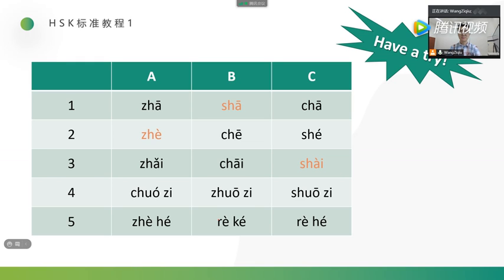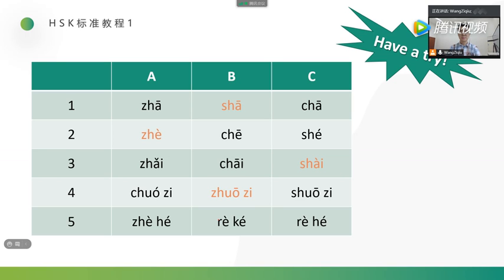Let's have a try. Number 4. 桌子，桌子，桌子。Which one do you choose? B is right. 桌子，桌子。Number 5.